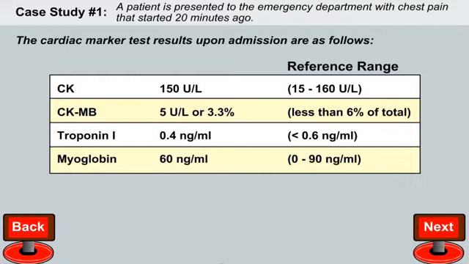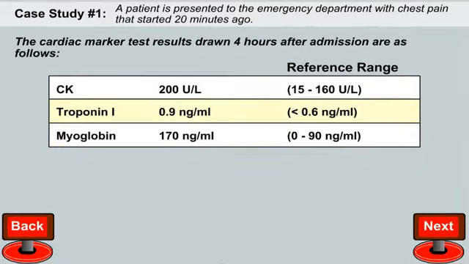Later on, the doctors decide that the patient should be kept in casualty under observation. After 4 hours of admission, another blood sample was collected, and the results were as follows.